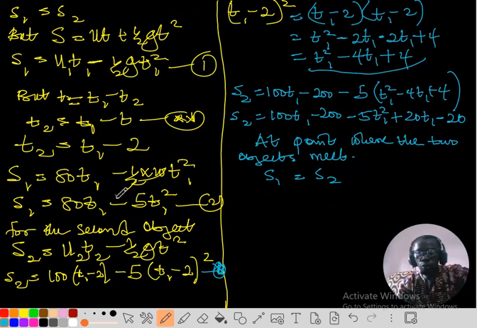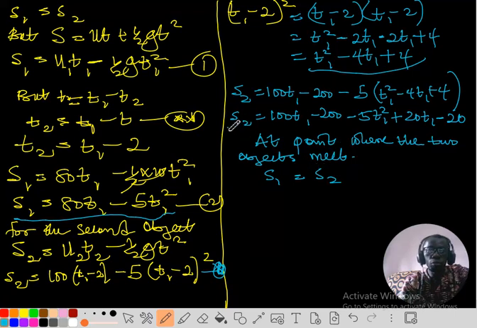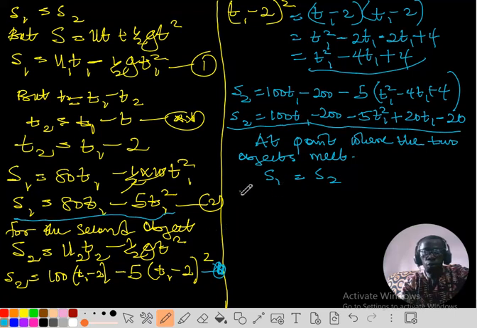So the distance for this first object is this, and the distance for the second object is this. So x1 now, copy the value, which is 80 T1 minus 5 T1 squared, that is all for x1, equals x2. We have it here.